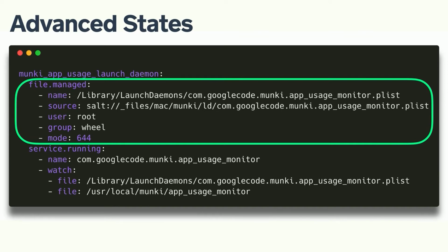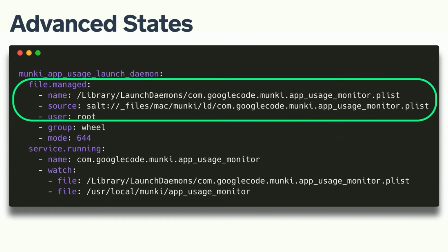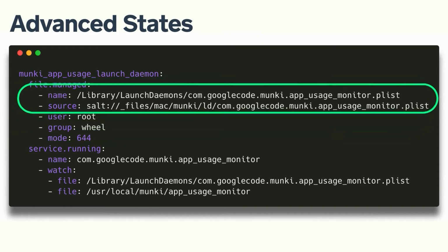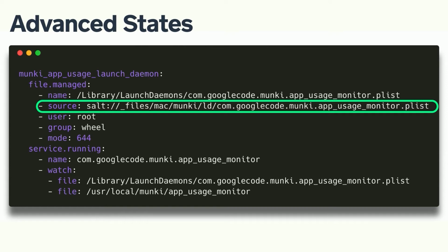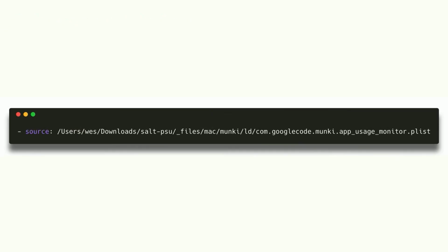So for the top piece, we want to make sure that the file at /Library/LaunchDaemons/com.googlecode.munki.appUsageMonitor is there. And the source of that, where you see salt://, is saying make sure that the file that we have in our repo, which would come out to wherever we have it. When I was doing this locally, it was in my downloads folder.